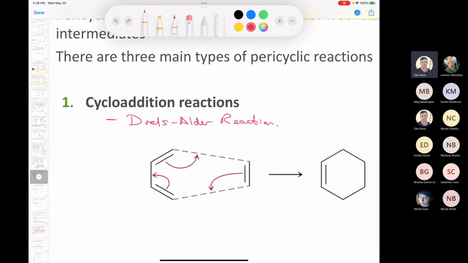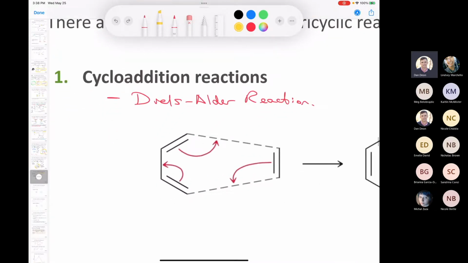And check out what's happening here. You notice that you're breaking a pi bond here, and you're breaking a pi bond here, and you're forming two sigma bonds. Sorry, did I say two pi bonds? Yeah, you're breaking a total of two pi bonds, and you're forming two sigma bonds here. And you're actually forming a pi bond over here as well.